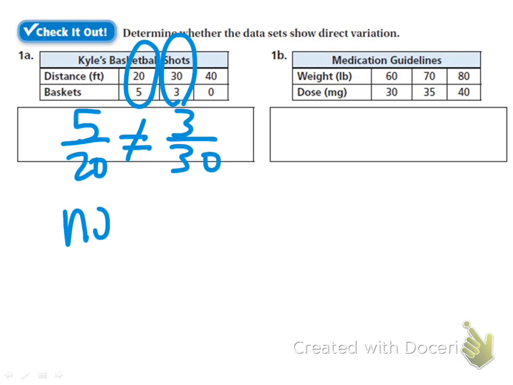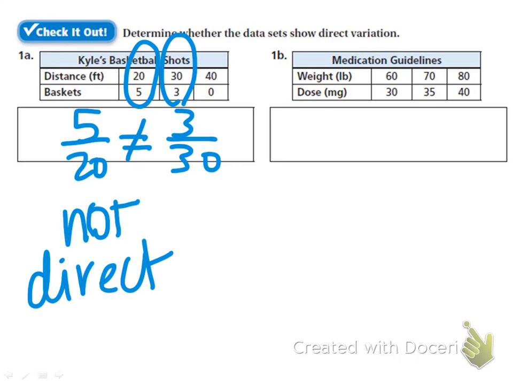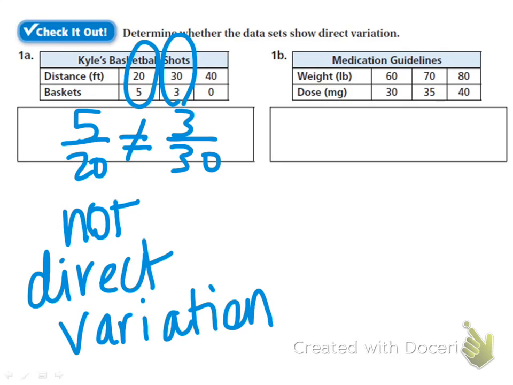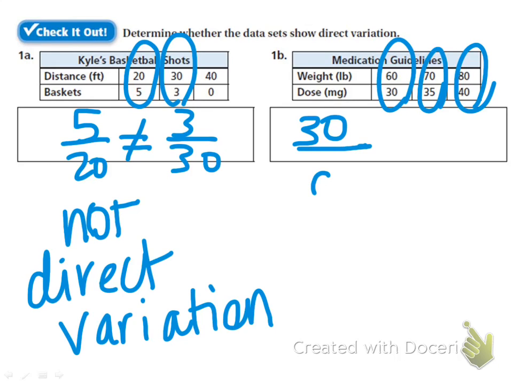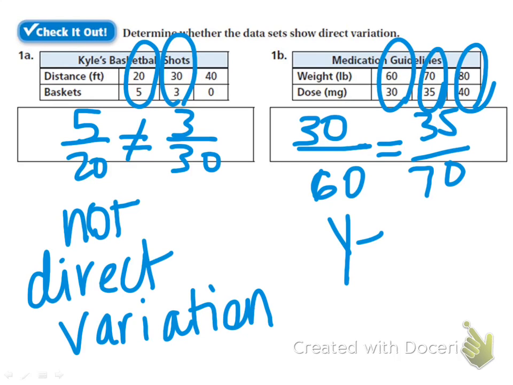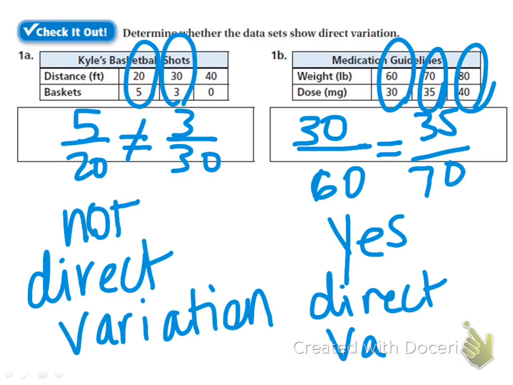So that is not direct variation. On 1B, you should have set up the proportion 30 over 60 or any of these, and when you cross multiplied, you should have found that, yes, this is direct variation.